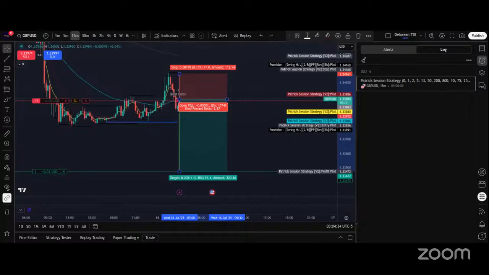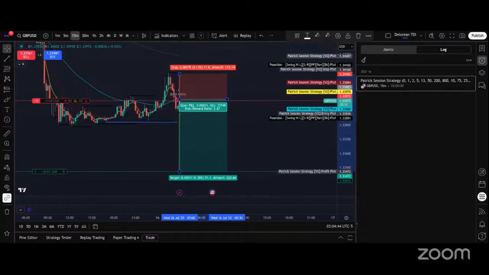And that's going to be for 51 pips. Stop loss is going to be 1.34161. And that's going to be for 18 pips. Entry price is going to be 1.33983.